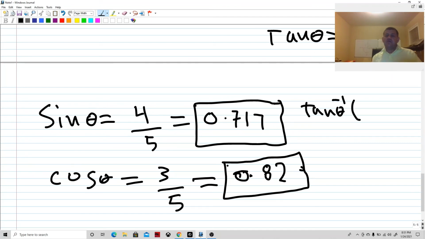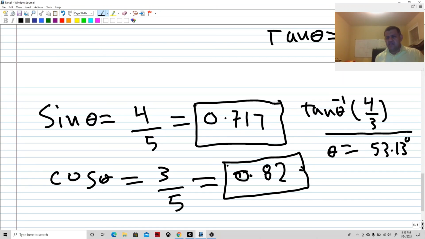So to find the angle, you do opposite over adjacent, and the inverse of that is approximately 53.13 degrees.